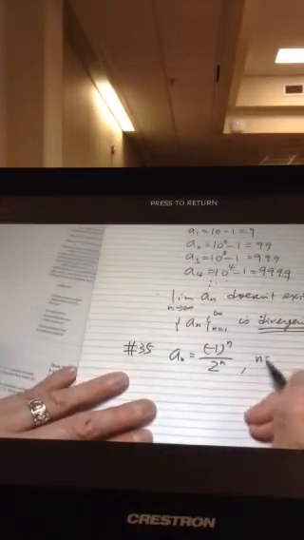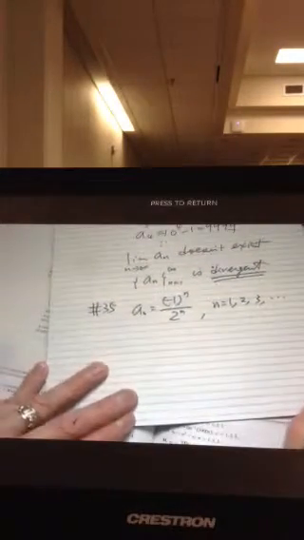Alright, how about let's look at 35. A sub n is negative 1 to the n over 2 to the n, and n is 1, 2, 3. So let's write the first few.